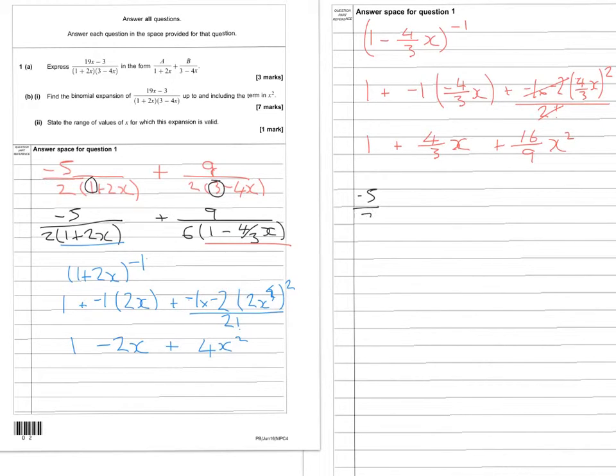Right, then substituting all of that back in, I get negative 5 over 2 times 1 minus 2x plus 4x squared, plus 9 over 6 times 1 plus 4/3 x plus 16/9 x squared. That simplifies down to 3 over 2.